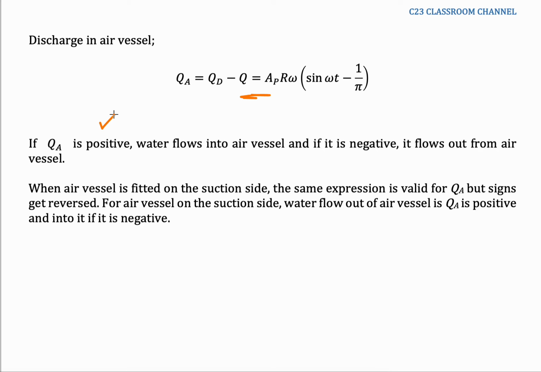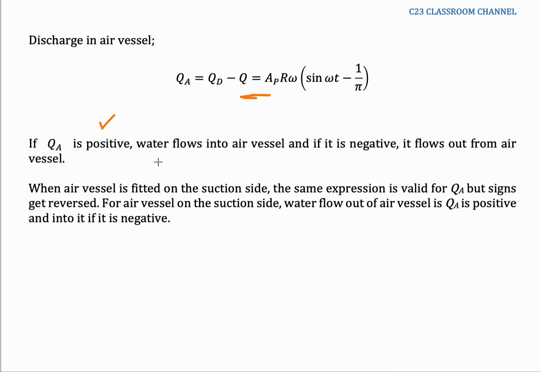When the air vessel is fitted on the suction side, the same expression is valid for Q_A, but the sign is reversed. For an air vessel on the suction side, water flows out of the air vessel if Q_A is positive and into it if it is negative. The air vessel can be installed in both the delivery and suction pipe.